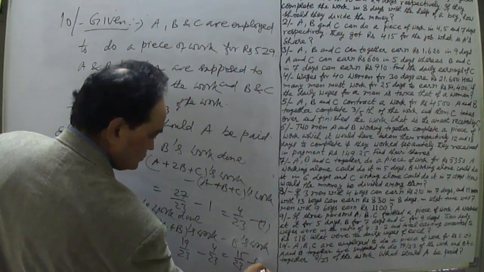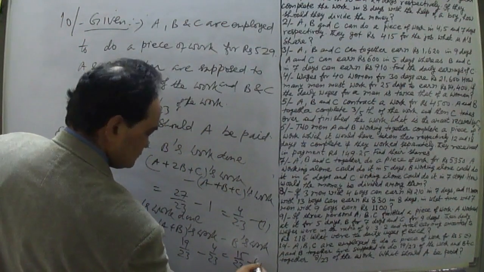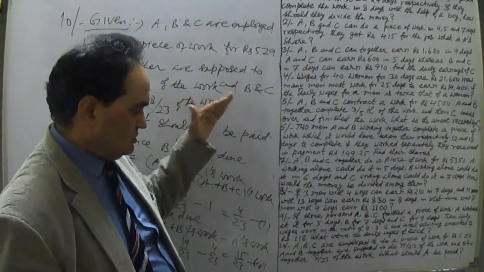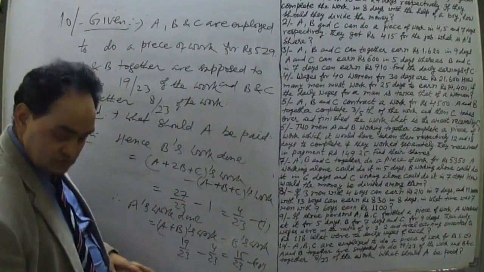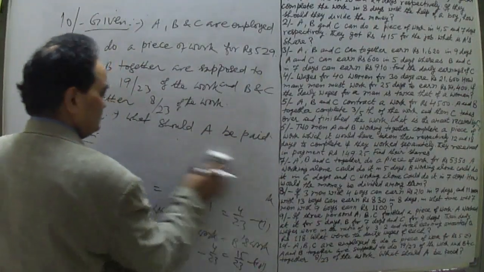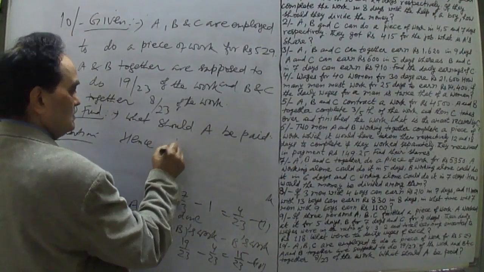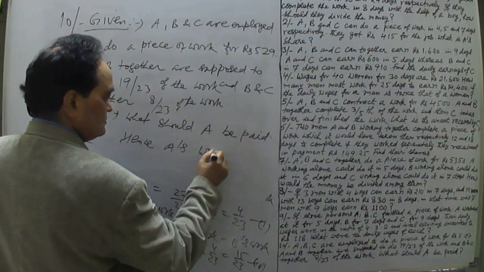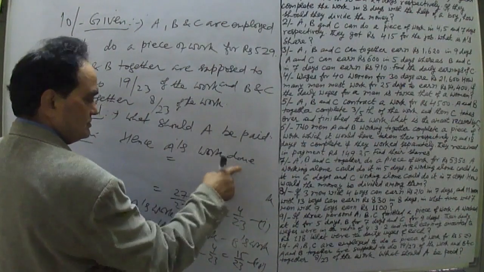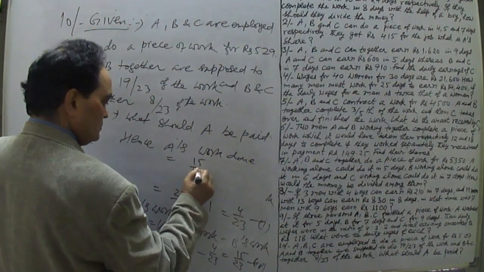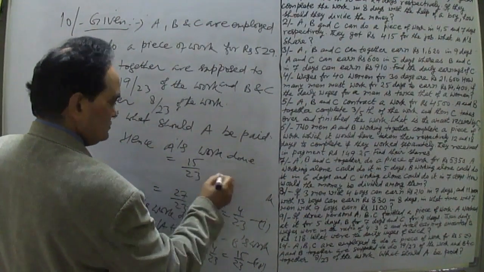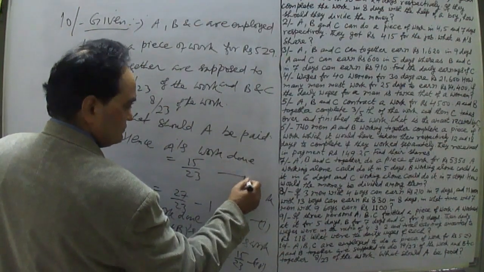This is the third equation, because we did this first. Therefore A has done 15 upon 23 of the work. Try to understand this point. A's work done is equal to 15 upon 23. Let me write here 15 upon 23. This is the fifth equation.